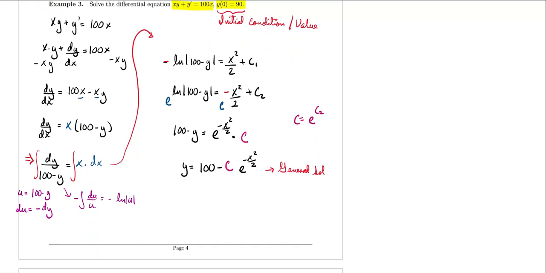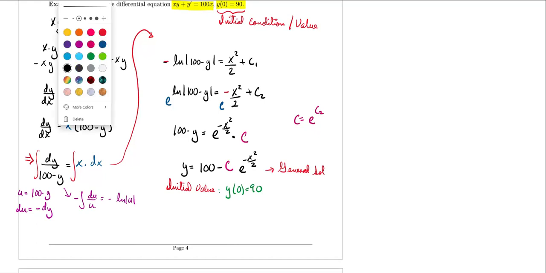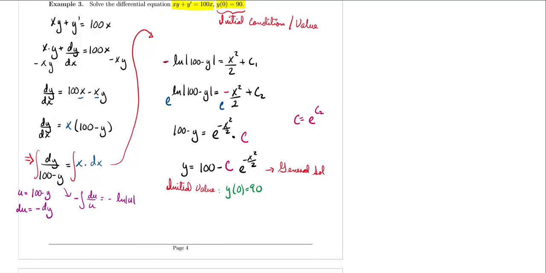So for the initial value, I'm going to plug in 0 for our x's, and we know that we should be getting a 90, so we're going to have here 100 minus c times e to the 0 equals 90. Since e to the 0 is 1, we get 100 minus c equals 90. Solving for c, we see that c equals 10.